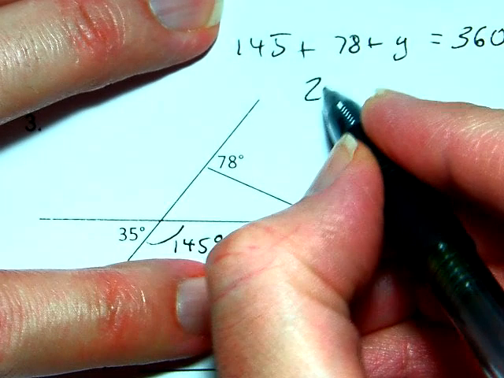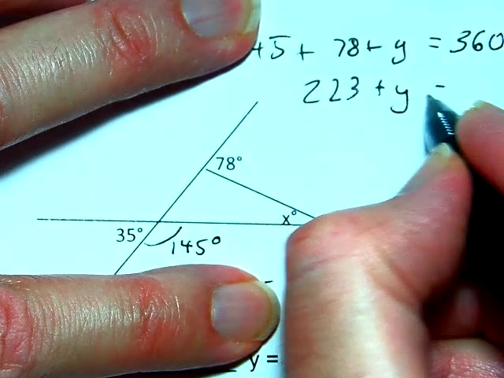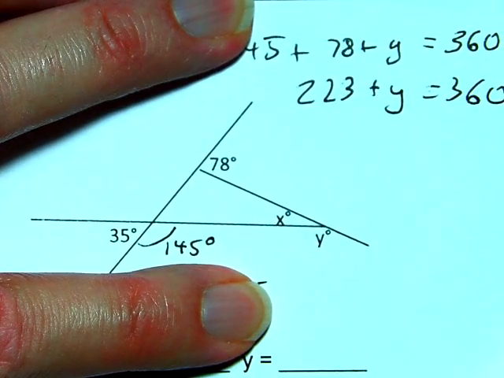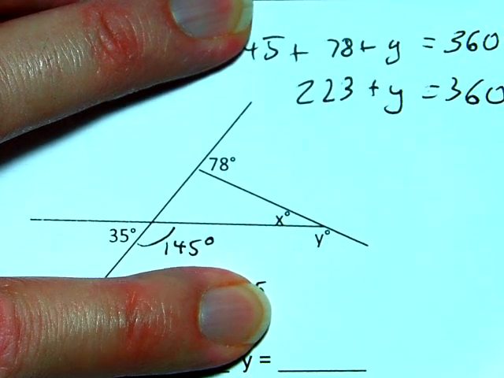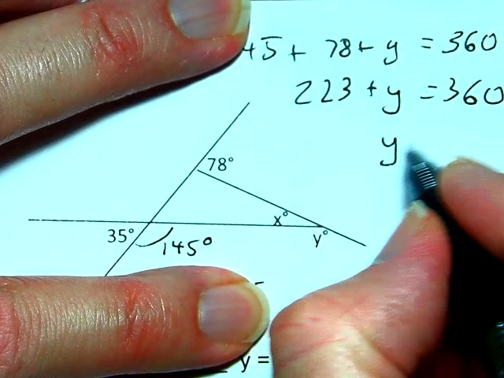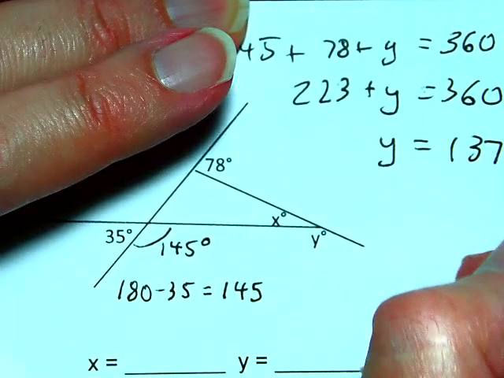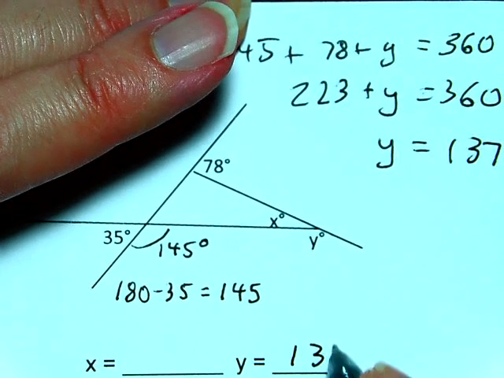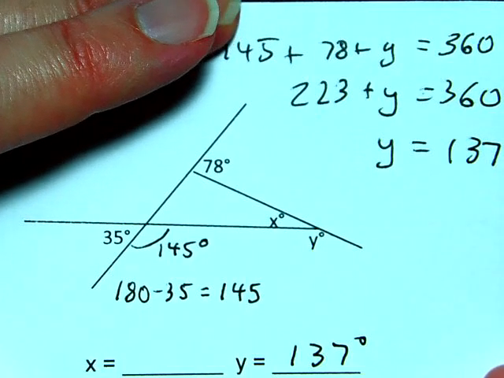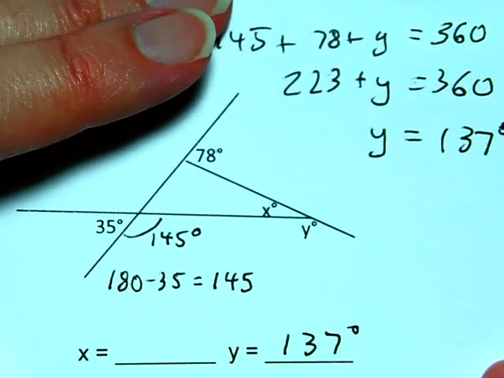So we've got 223 plus y is equal to 360. Now if I take away 223 from both sides, I get y is equal to 137 degrees. So you can figure out y that way.